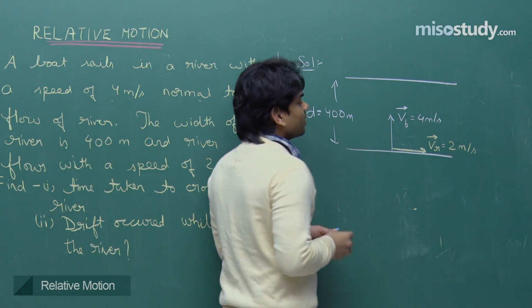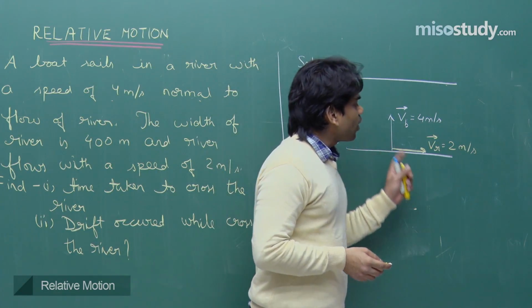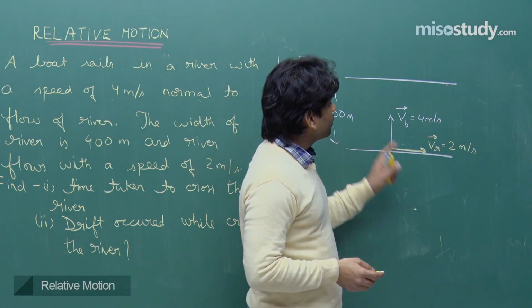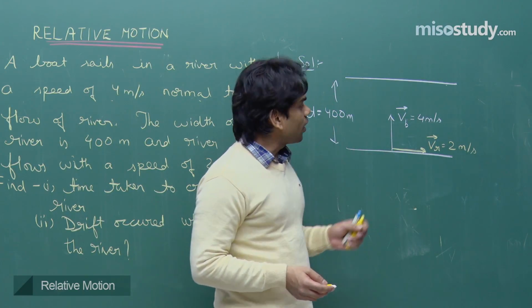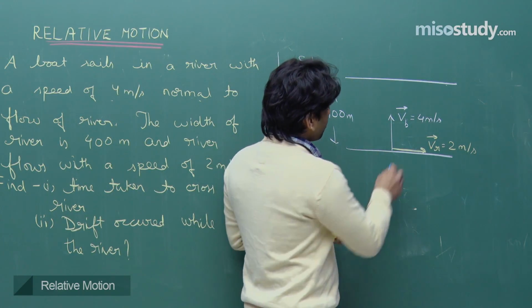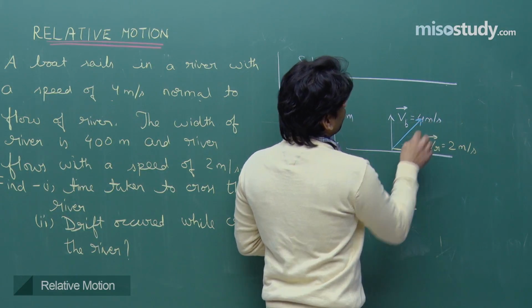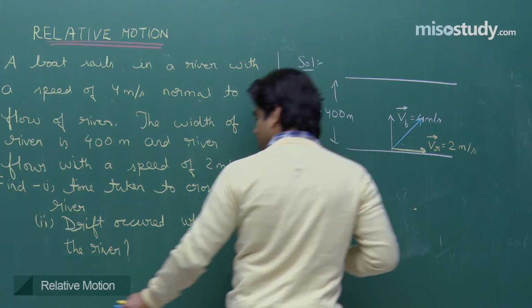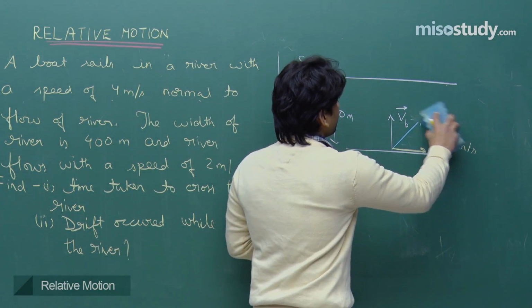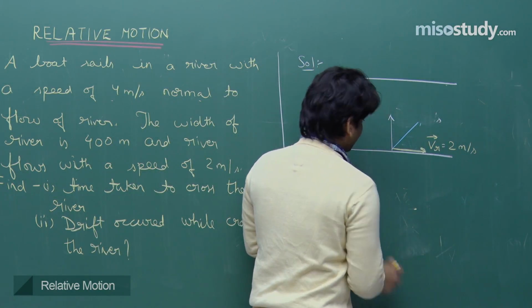We have this given data. Now the net velocity of the boat with respect to ground will be due to the influence of both the velocities, and the boat will be moving somewhere here. This is the net velocity of the boat. The boat will be moving along this shown direction.